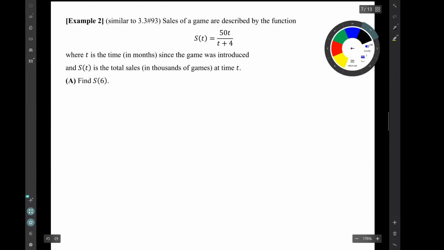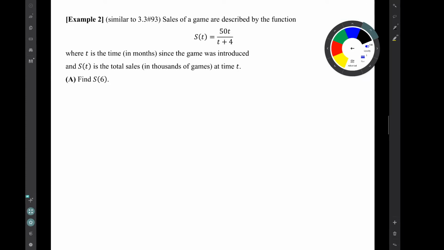Let's go on. Example 2. This is similar to 3.3, number 93. Sales of a game are described by this function. S of t equals 50t divided by the quantity t plus 4. Now in this equation, t is the time in months since the game was introduced.